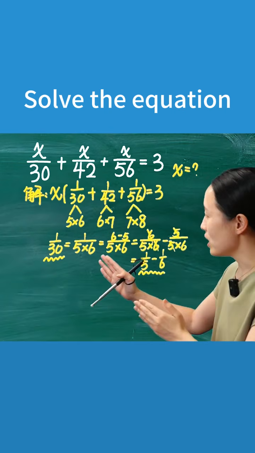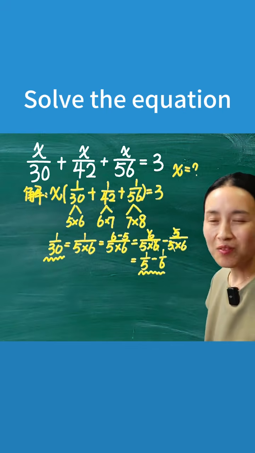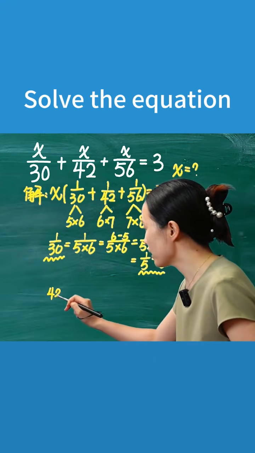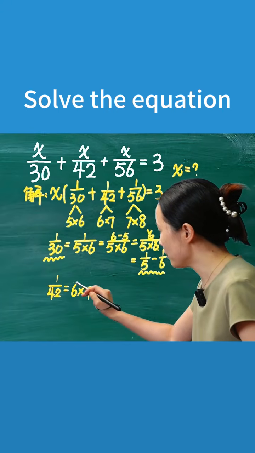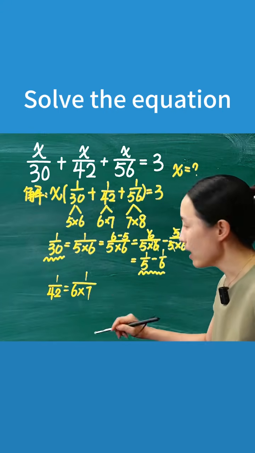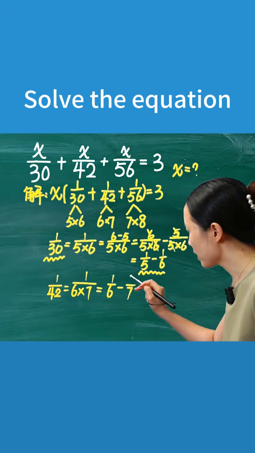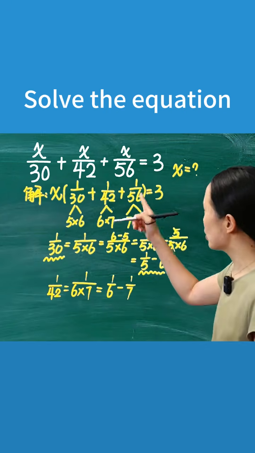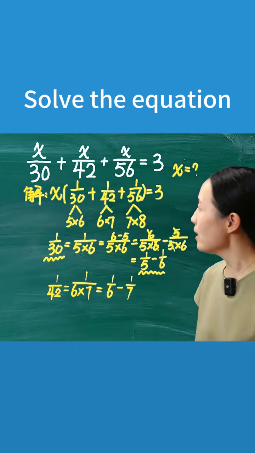So 1/30th is equal to 1/5 minus 1/6. So what about 1/42nd? Let's write it out first. What does it become? It's 1/(6 times 7). Using the product of denominators, difference of numerators rule, we can split it directly into 1/6 minus 1/7. Similarly, what about 1/56th? Isn't it just equal to 1/7 minus 1/8?